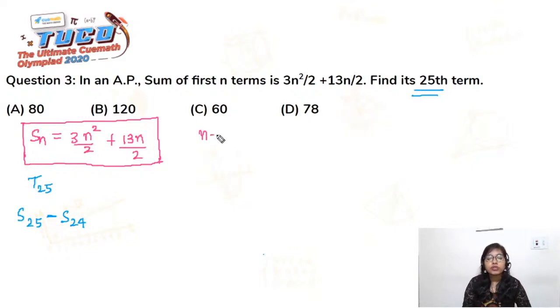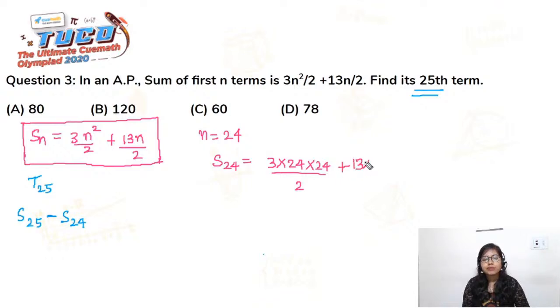So for n equal to 24, because we need 24 and 25, S24 would become 3 times 24 square over 2 plus 13 times 24 over 2. From here we can see this becomes a 12, and this becomes 12 again.